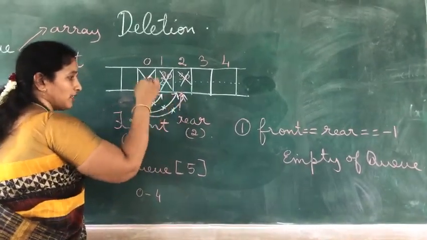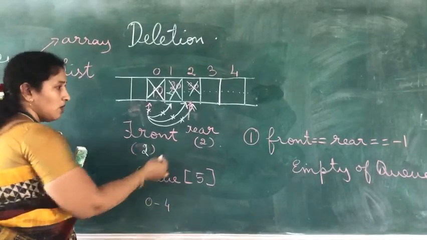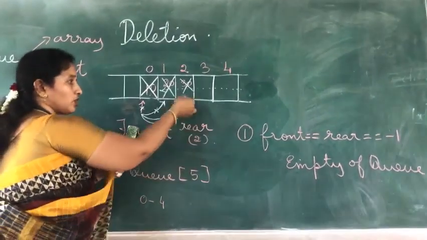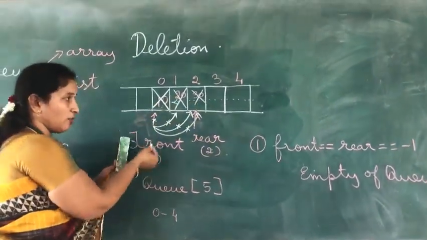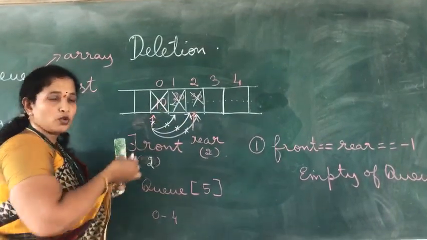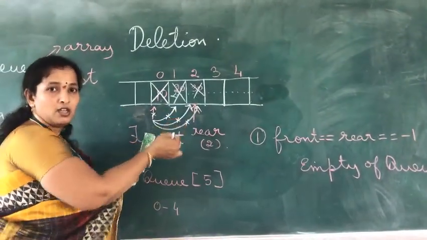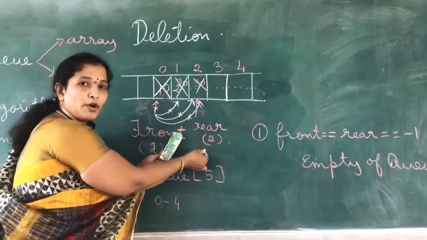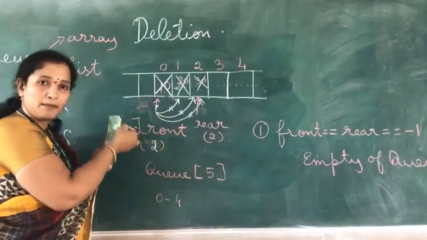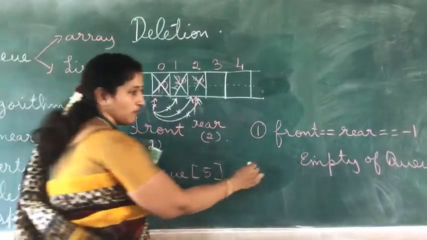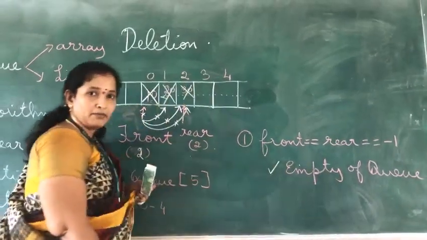And then here also the deletion operation will be done. So now at this stage, rear also is not having any value and this front pointer also is not pointing to any value. So when you delete all the elements, automatically the rear and front pointer will be at the default value -1, which is nothing but we have said that Q is empty.